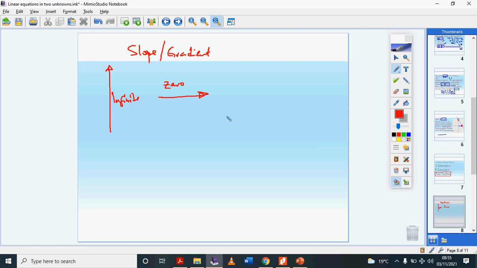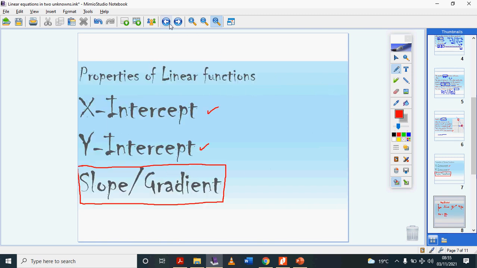And if it looks like your right hand, if you put your right hand up like this, this is a positive slope, right? And if you put up your left hand like this, then that's a negative slope. Now a simple formula to find this slope or gradient is just rise divided by run. On any line, let me go back to this line.